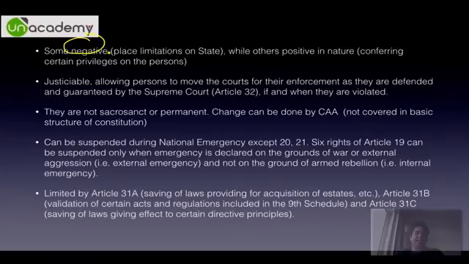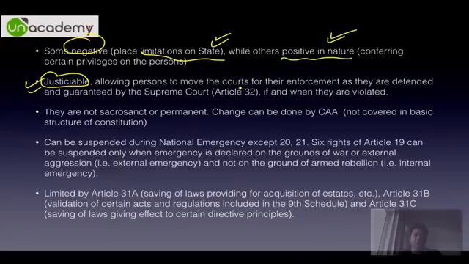Some are negative rights, that is place limitation on state, that is right against untouchability, right against exploitation, right against discrimination, while others are positive in nature, for example right to education, etc., right to life in its wider interpretation. Then justiciable, that is allowing the persons to move to the Supreme Court or High Court, whichever they want to, for their enforcement, because Supreme Court is the ultimate guarantor and defender of the fundamental rights.